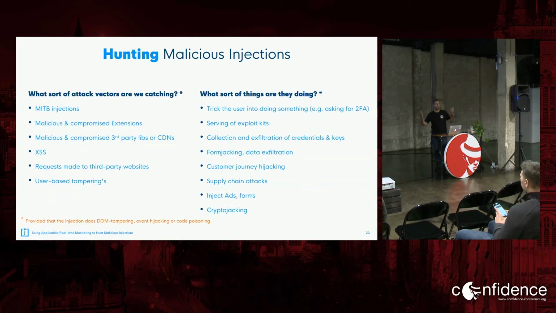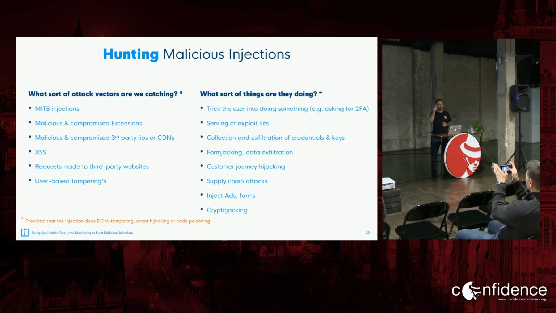This was just one example, one use case, banking, but I wanted to let you know what other kinds of things you can use this approach for. So what sort of attack vectors are we catching? We are catching man-in-the-browser injections, malicious and compromised extensions, third-party libs, CDNs that have been compromised.